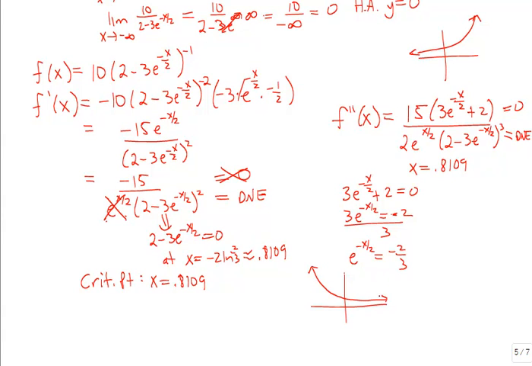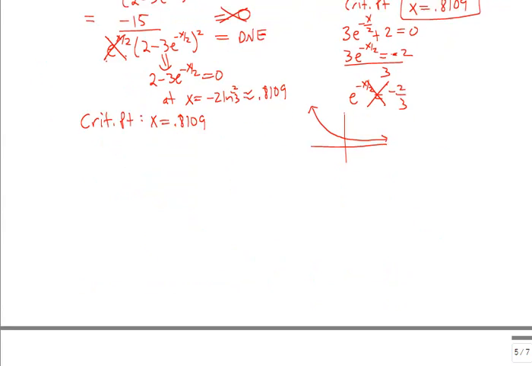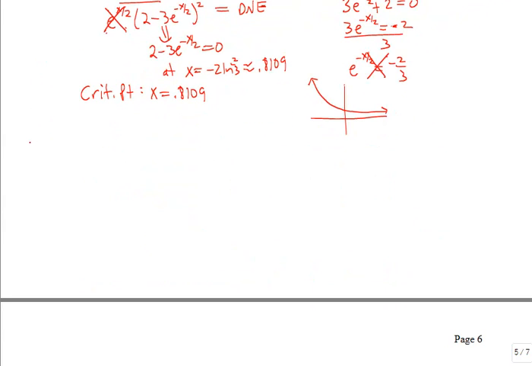When is that graph ever going to hit a negative value? It doesn't. So this has no solutions. e to the negative x over 2 is always positive, so there's no way it can be negative. So we don't have any places where this second derivative will be 0, so our only critical point is going to be at that 0.8109 again. Okay? So we're ready to make our number lines.